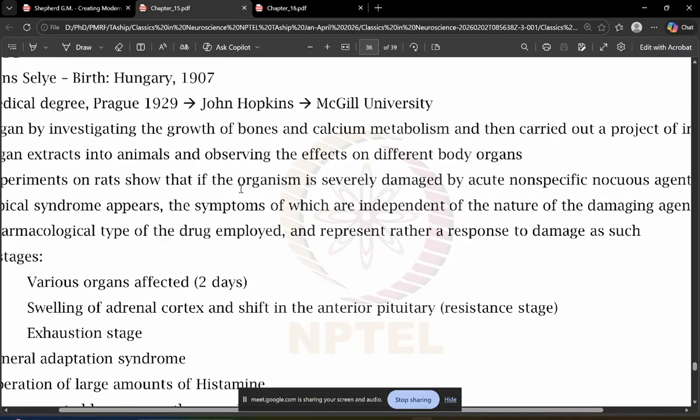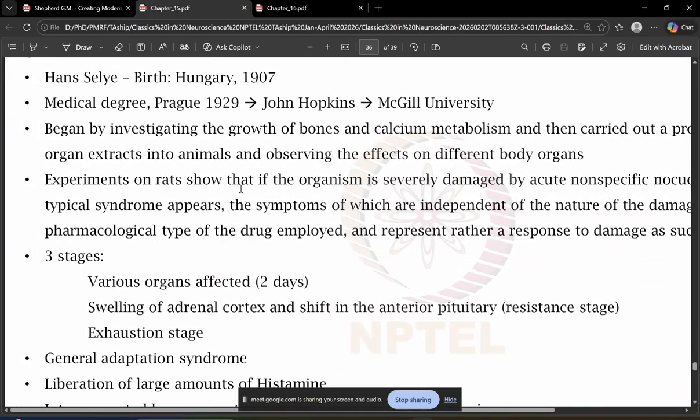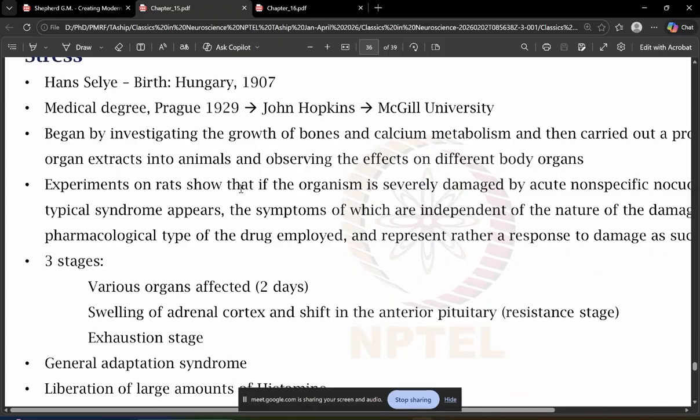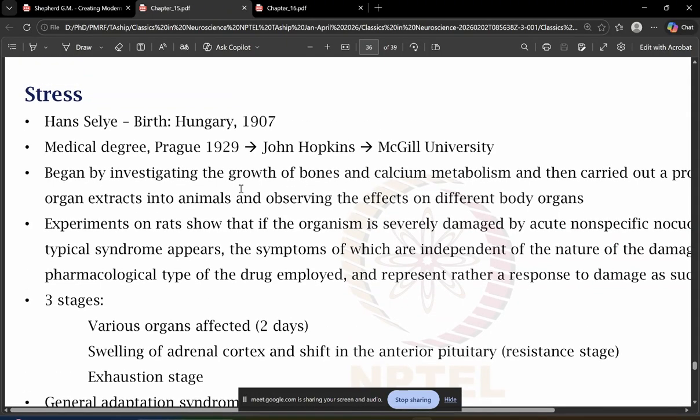So, although nowadays the term stress is used widely by laymen, and almost everyone, even in daily conversations, we say that, oh, I'm extremely stressed, or I'm under chronic stress, or that I was very stressed by today's events.